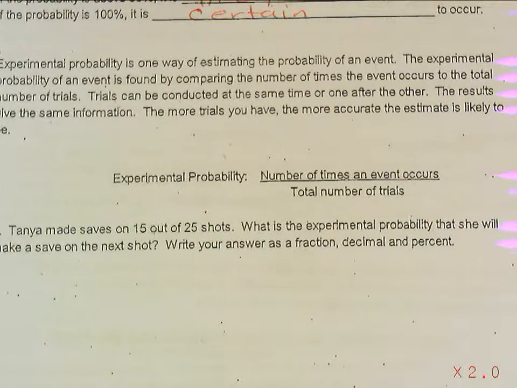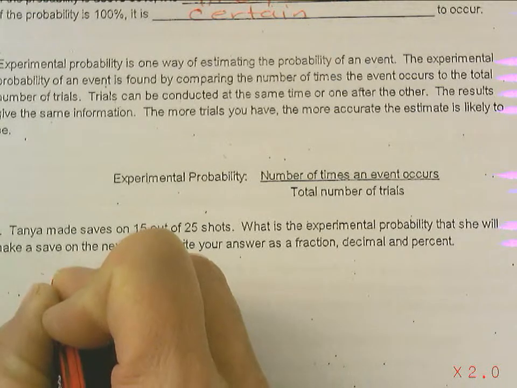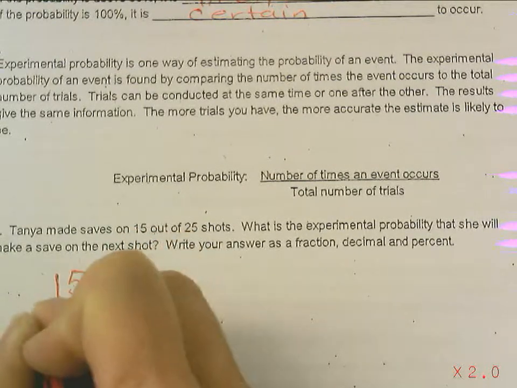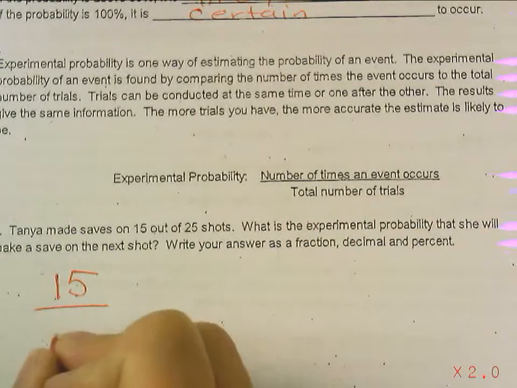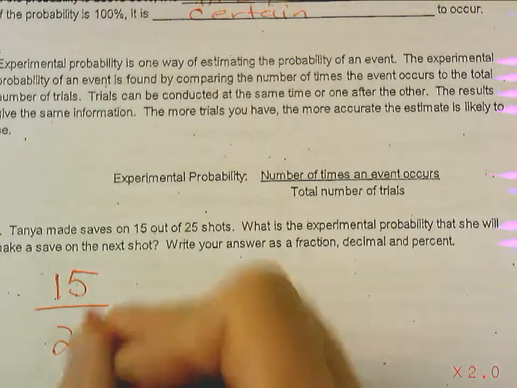Tanya made saves on 15 out of 25 shots. What is the experimental probability that she will make a save on the next shot? So, the number of times that she made a save was 15, over the total number of times she tried was 25. So 15 out of 25 is the probability that on the next shot she will make a save.